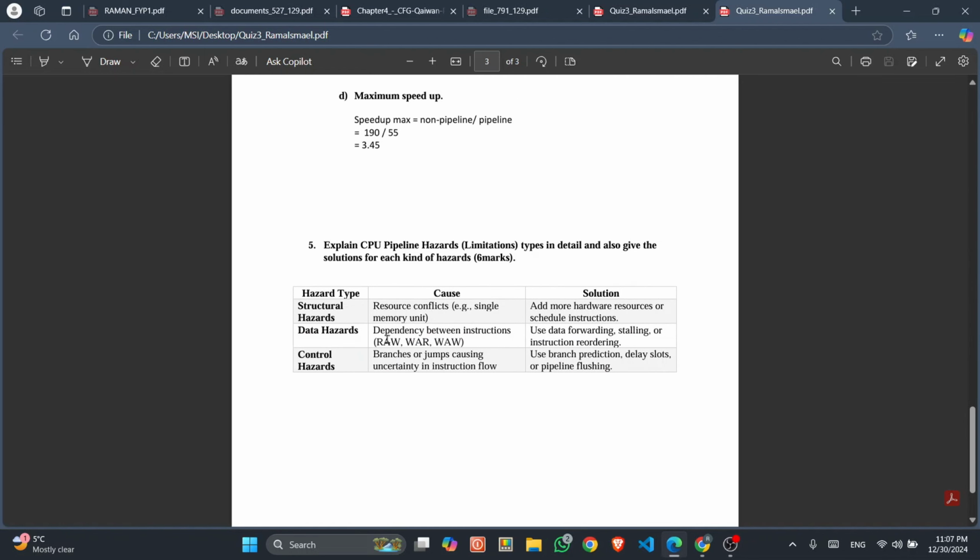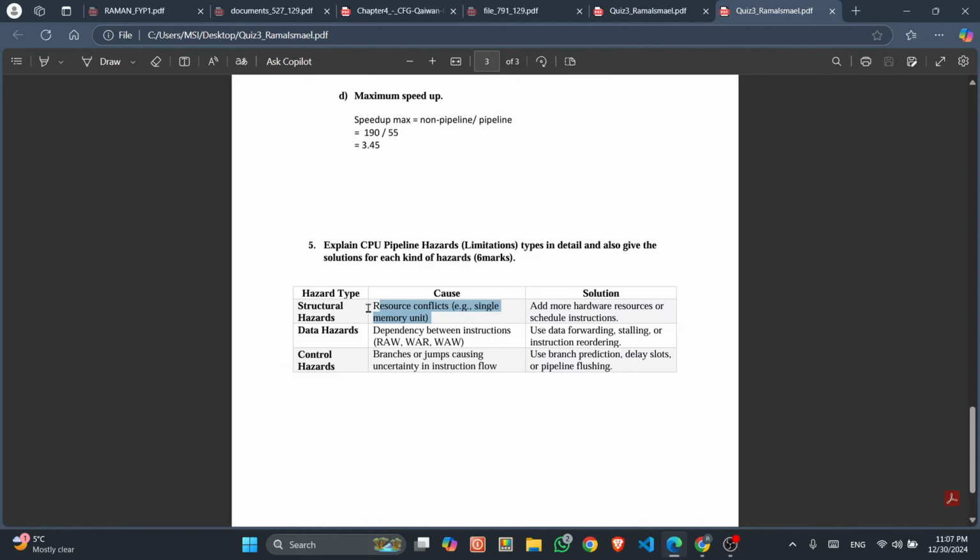And for question 5, we are asked to explain the details of the limitations, the pipeline hazards. We have 3 types of hazard: structural hazard, data hazard, and control hazard, and each of them has a cause and a solution.